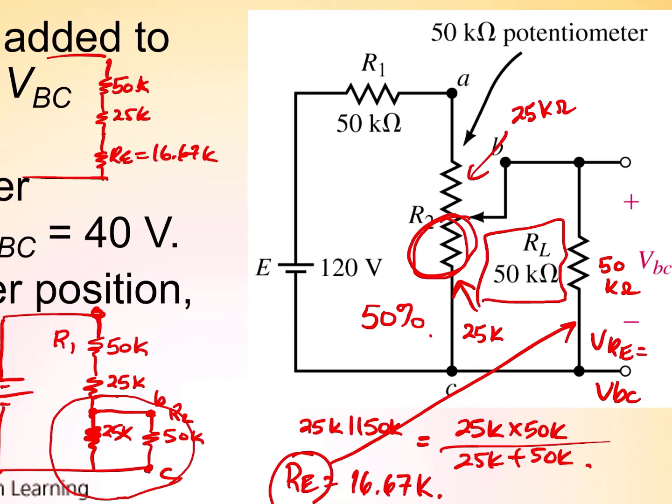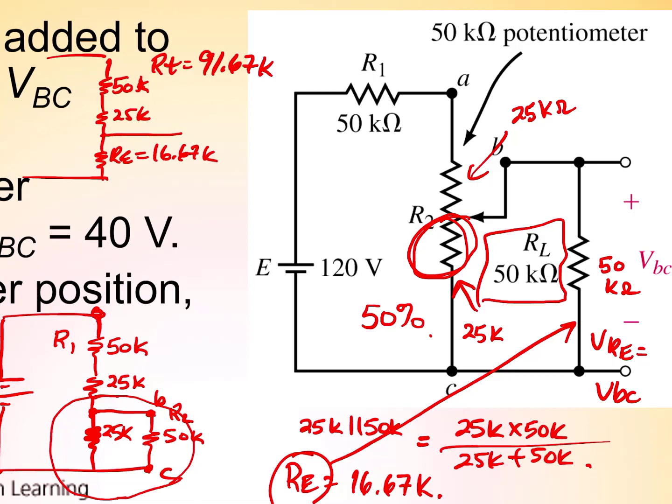So this is all a series connection, so you can come up with a total resistance value, R total. So our total is going to be determined by 50 plus 25 plus 16.67. That gives you a total of 91.67 k ohms. Okay, so that's our total resistance.